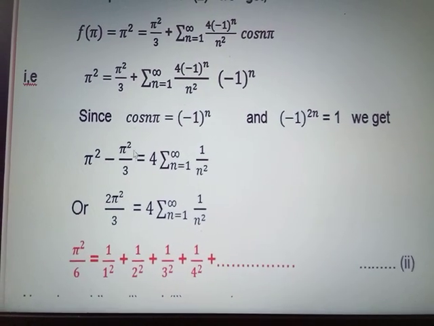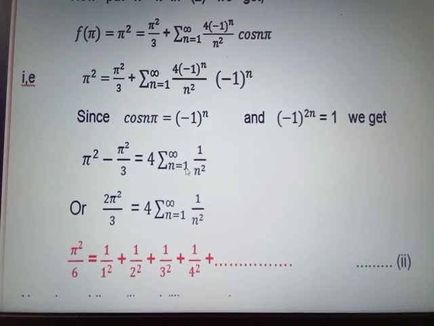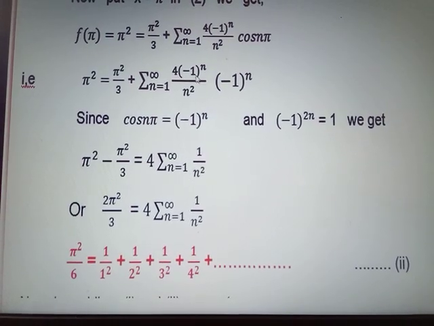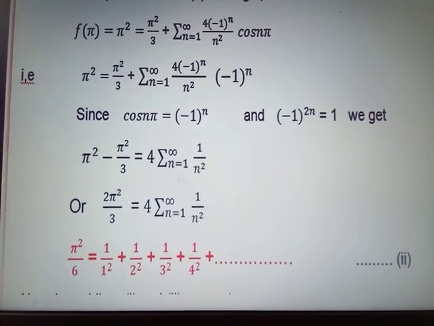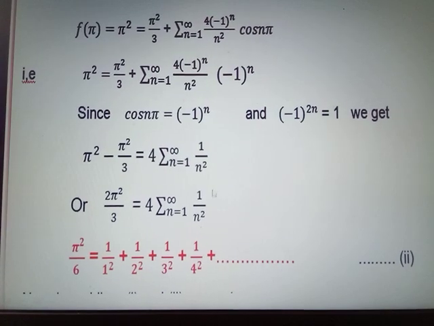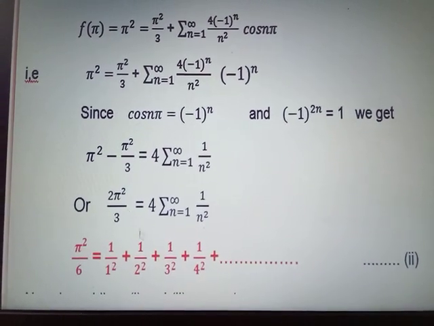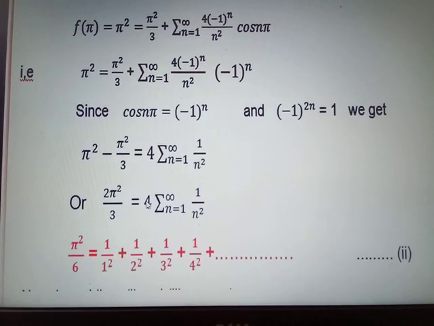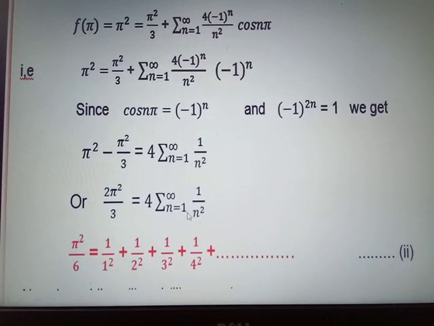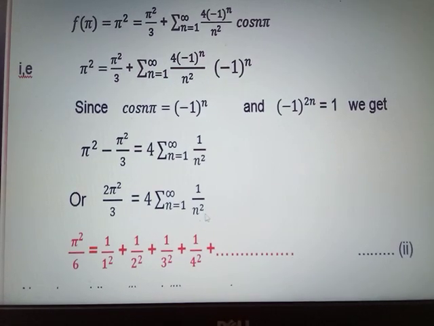Pi square minus pi square by 3 is equal to 4 into summation n running from 1 to infinity, this value is 1, therefore 1 by n square. Now after solving this one, we get 2 pi square by 3, which is equal to 4 into summation n running from 1 to infinity 1 by n square.